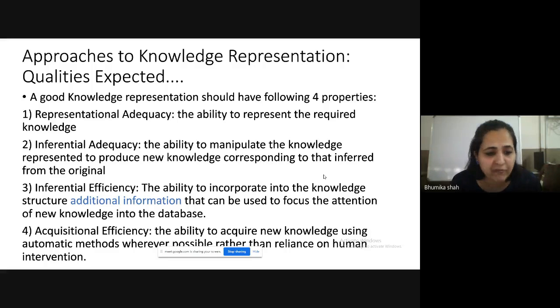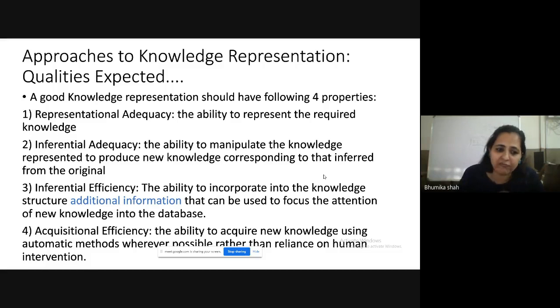What is inferential efficiency? Only inferring new knowledge is not enough. What you have to do is efficiently store back that new knowledge that you have deduced. So, the ability to incorporate into the knowledge structure whatever additional inferred knowledge you have gathered; it should be able to be restored in your original knowledge base.